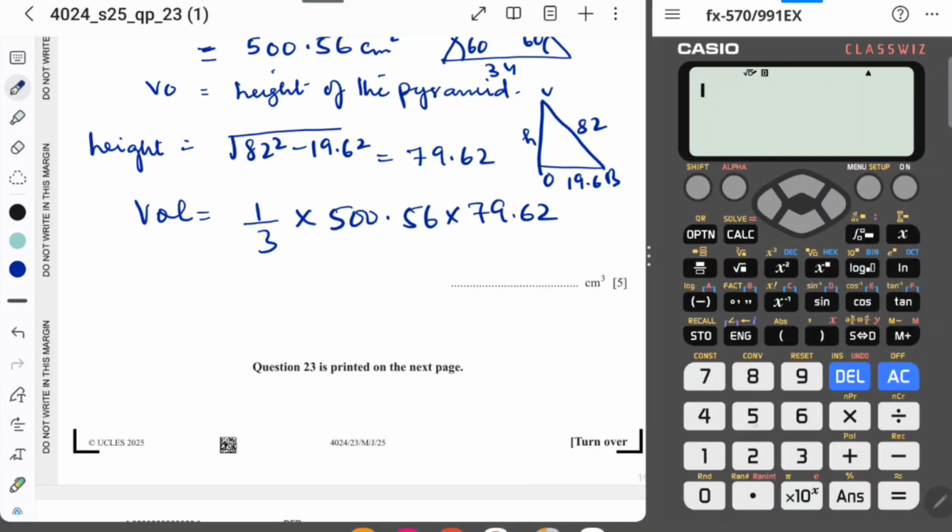So that is 500.56 times 79.62, divided by 3. Okay, so the answer is 13284.8.